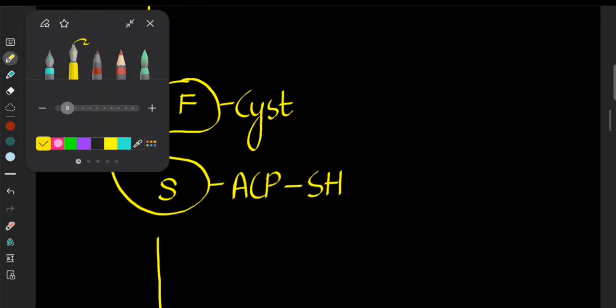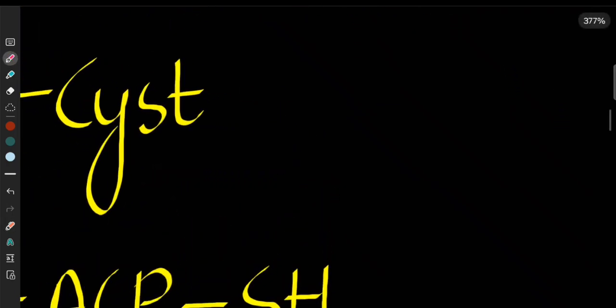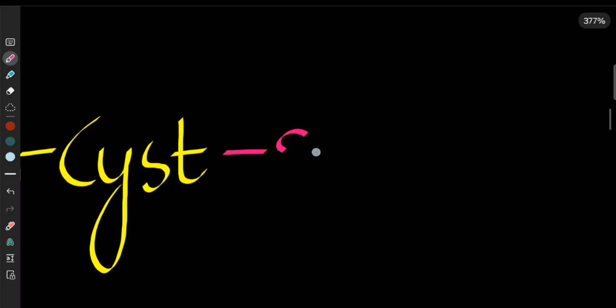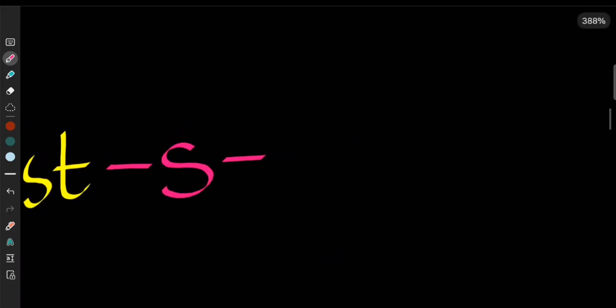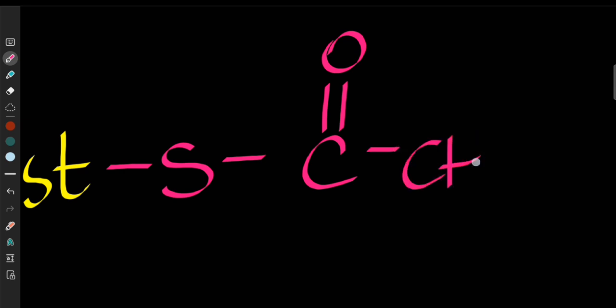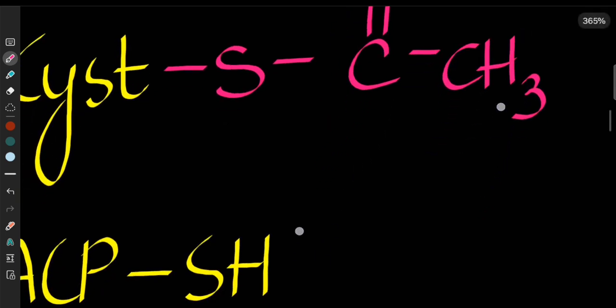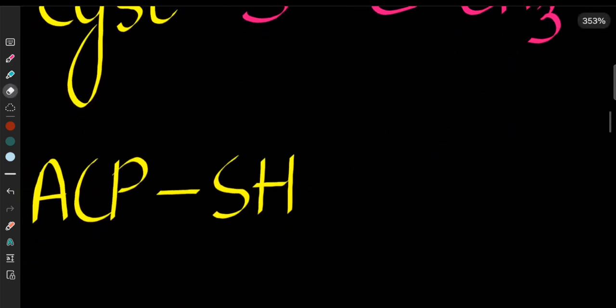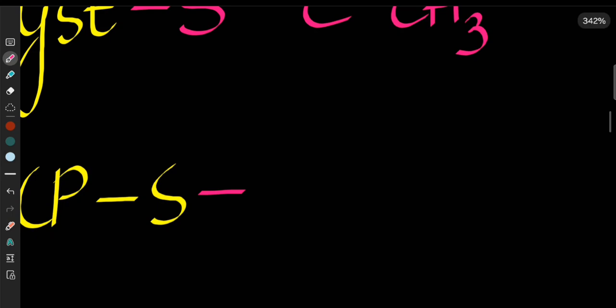So cysteine has an S group, right? Then it has a ketone and a methyl group. Now when we talk about the malonyl joining to the ACP, what kind of structure do you think we'll have? C double bond O. Let me just make it with another color.